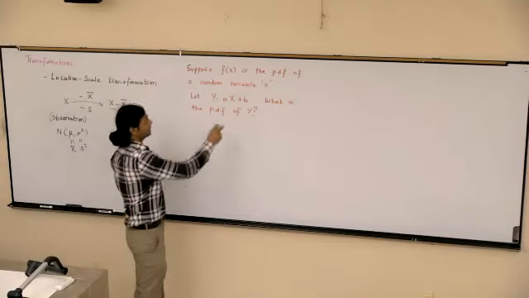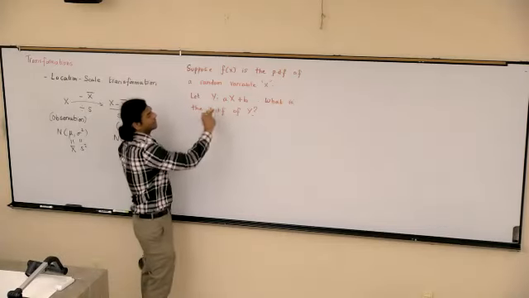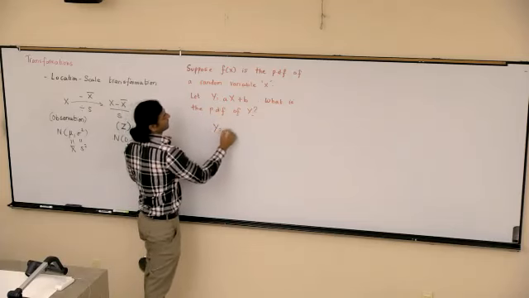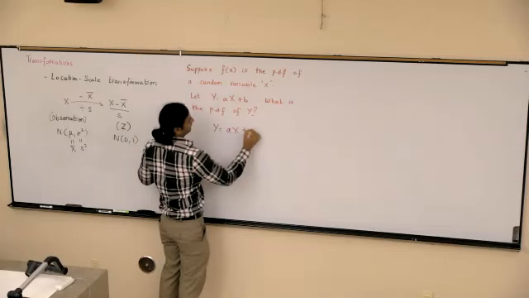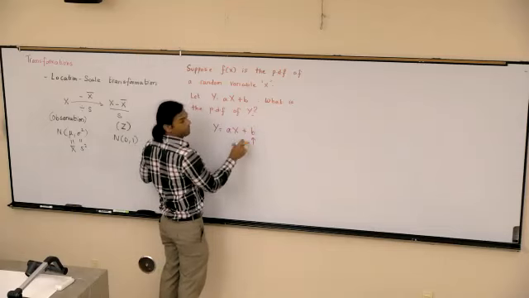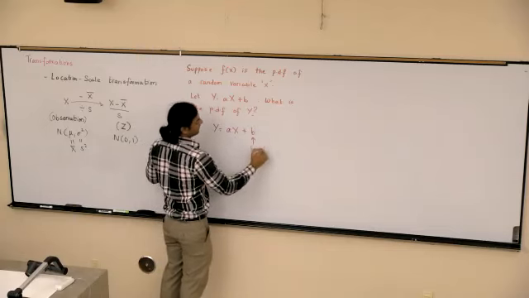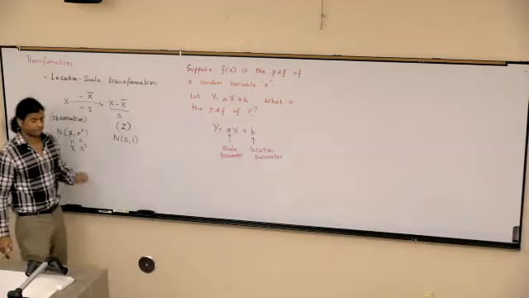So, this is a location scale transformation of the random variable X. B would be the location parameter, and A would be the scale parameter.